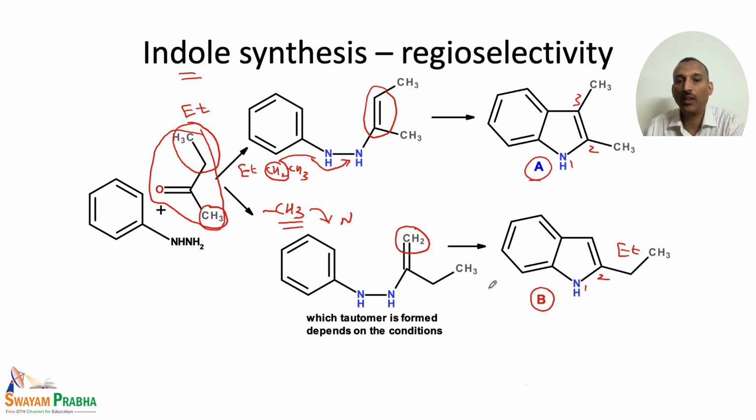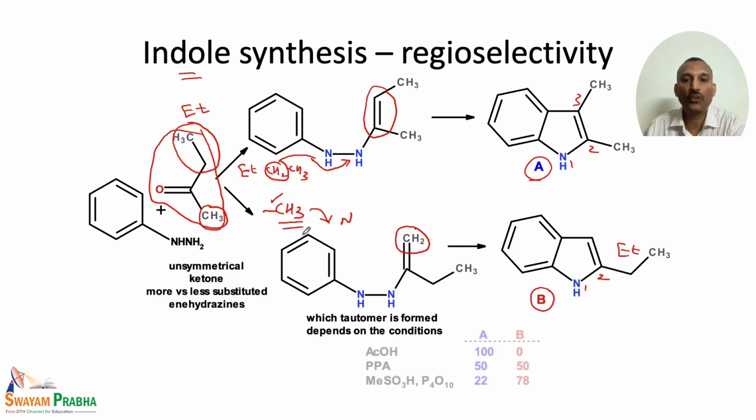So these are all the different ways, and here which tautomer will be formed, because we have two isomers that are possible in this reaction as an intermediate, and this tautomer formation is actually dependent on whether the hydrogen from the methyl group is lost or the hydrogen from the ethyl group is lost. It depends on the reaction conditions.